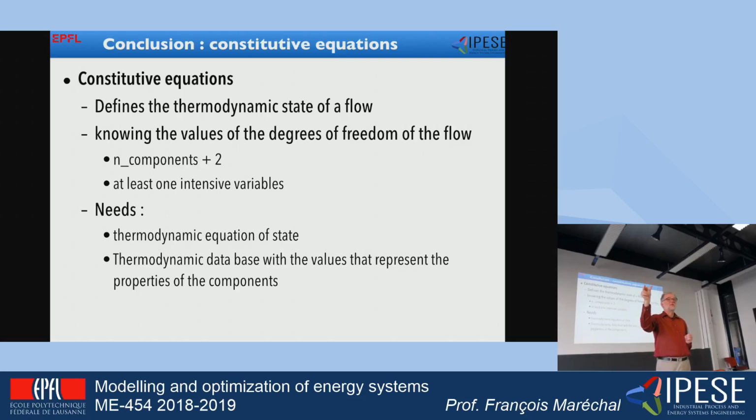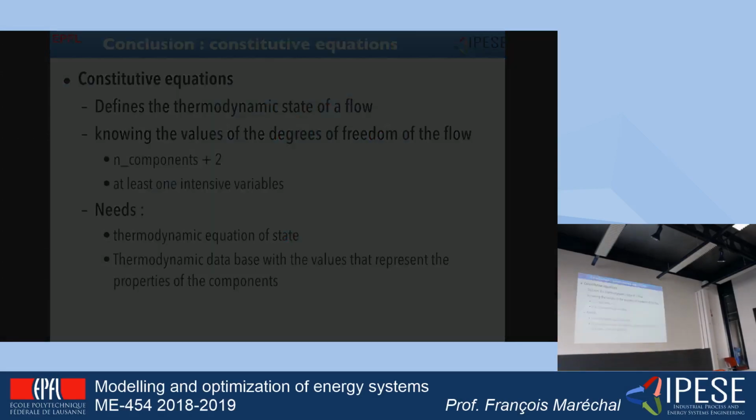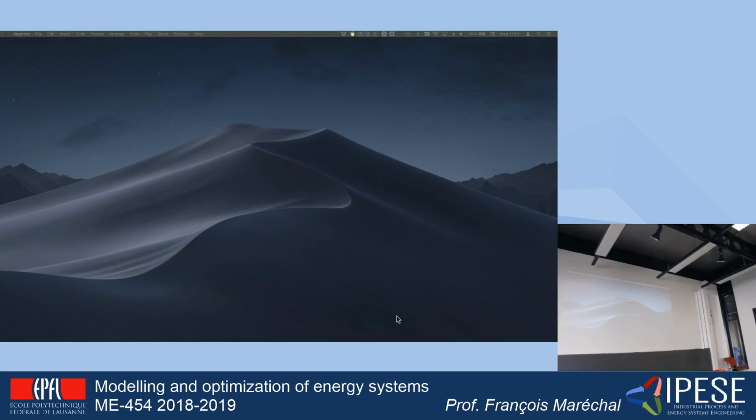But you can fix the temperature, the pressure, and the total enthalpy, because the temperature and the pressure will allow you to calculate the specific enthalpy, and the total enthalpy will allow you to calculate the flow. And it's an extensive variable. So I have to make the corrections, and I'm going to do it directly now.